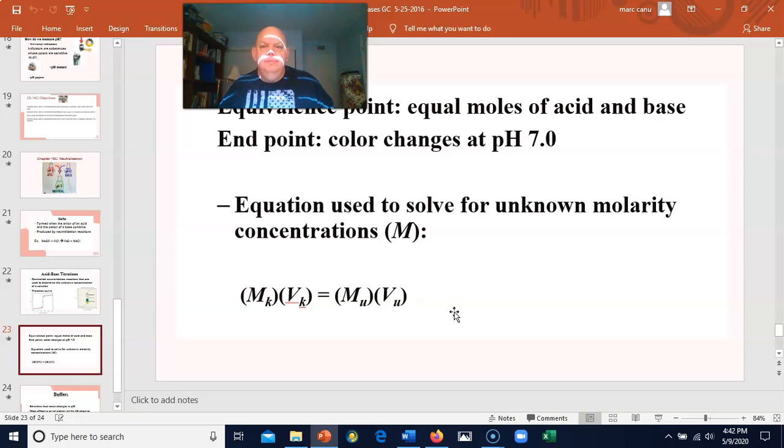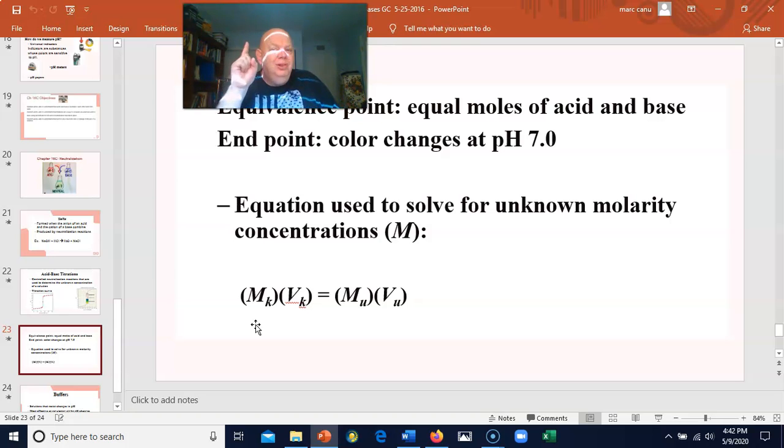In other words, if we're talking about the equivalence point, it's equal moles of acid and base, right? So therefore, the number of moles must be the same in order to cancel each other out. Okay? So when we look at our formula, molarity is equal to moles divided by volume, moles over liters, right?